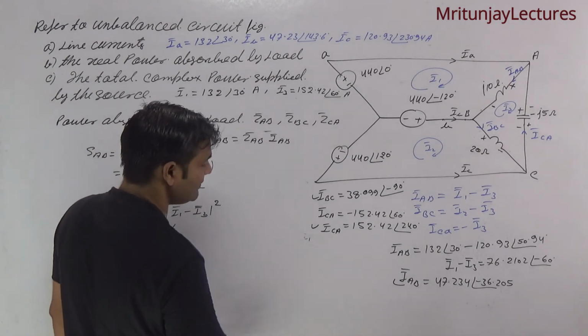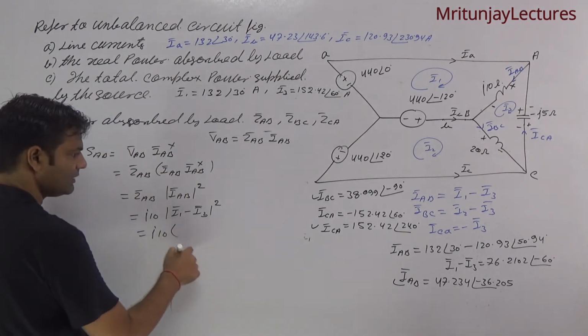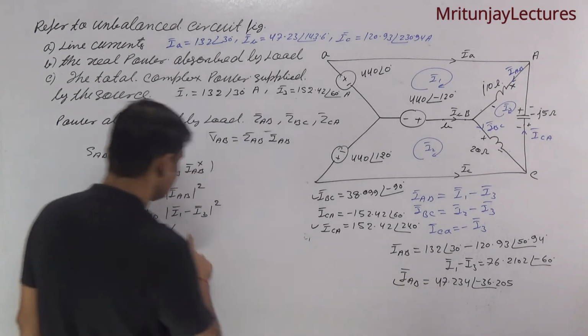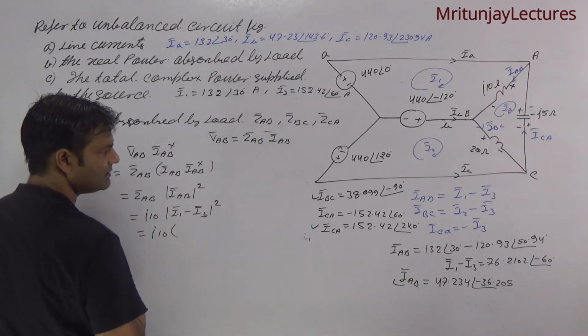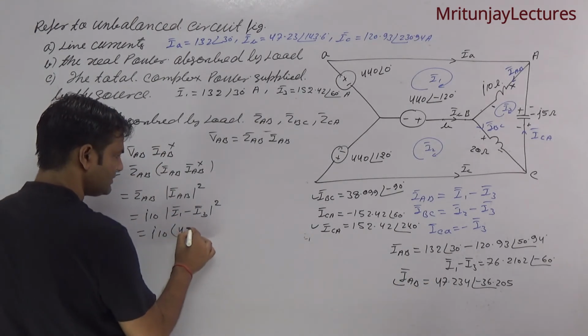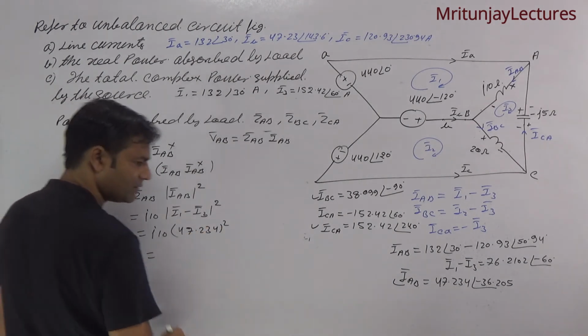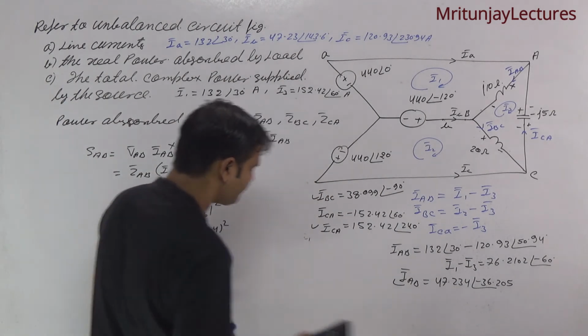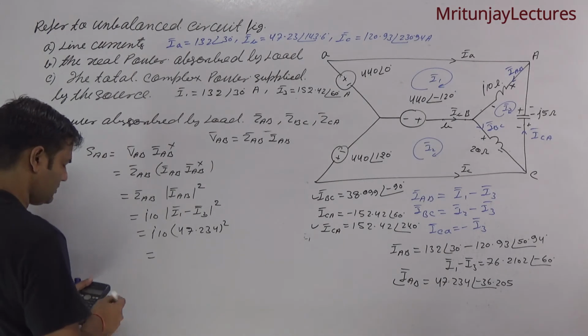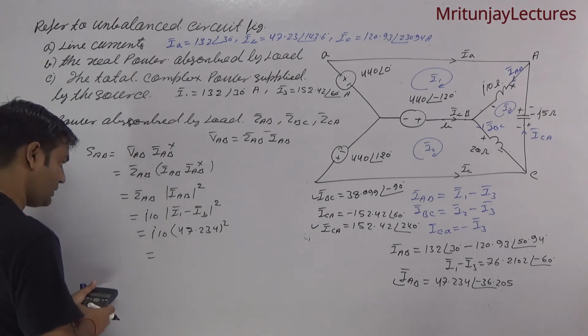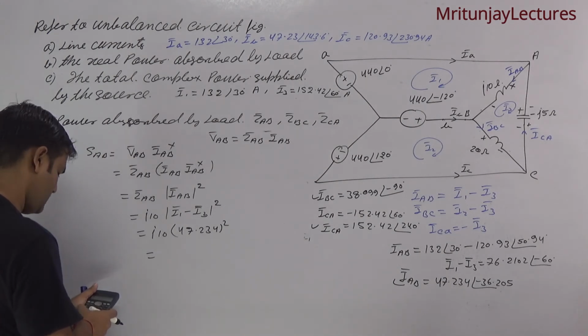Okay, the magnitude of I1 minus I3 is 47.234 to the whole square. We got 47.234 to the whole square into 10.